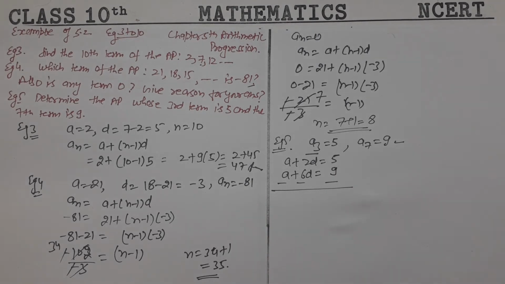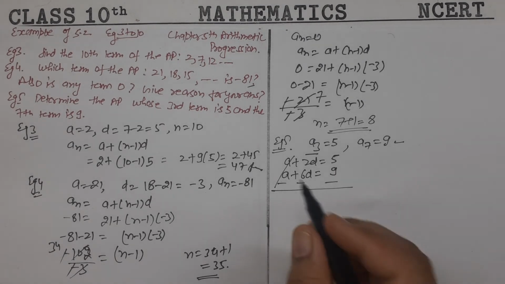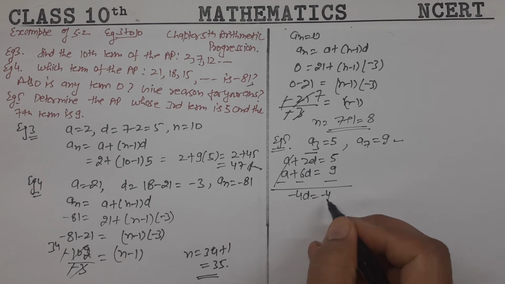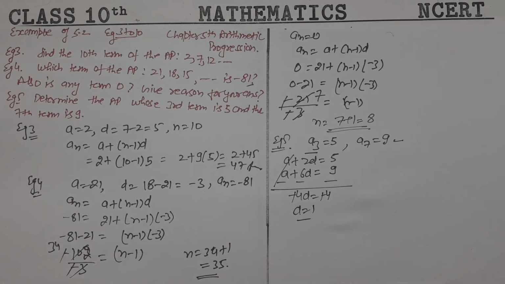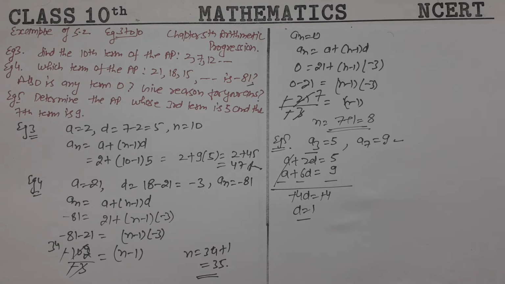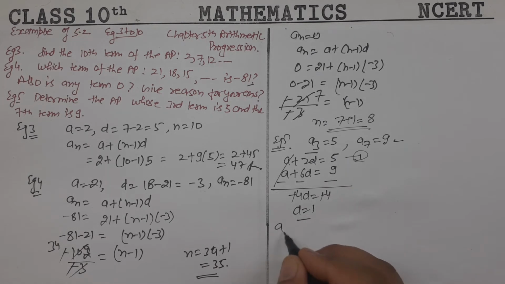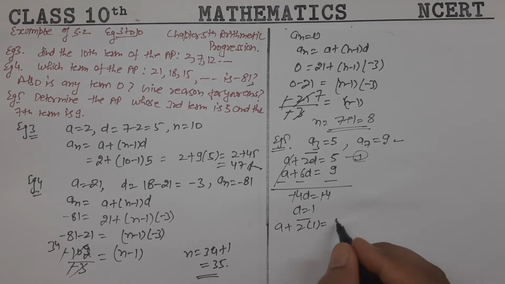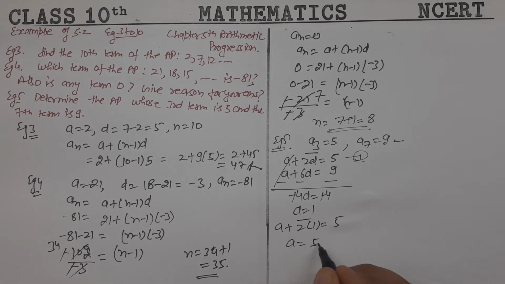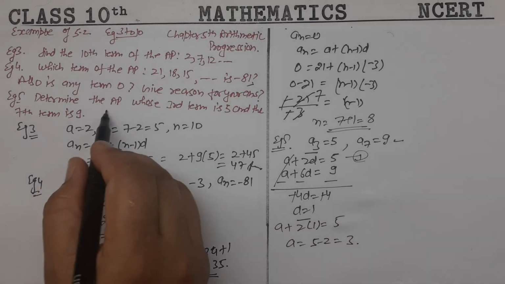Solve it by using the elimination method. D is 1. Put D in equation number 1. Simple and easy solving. We have A equals 3.